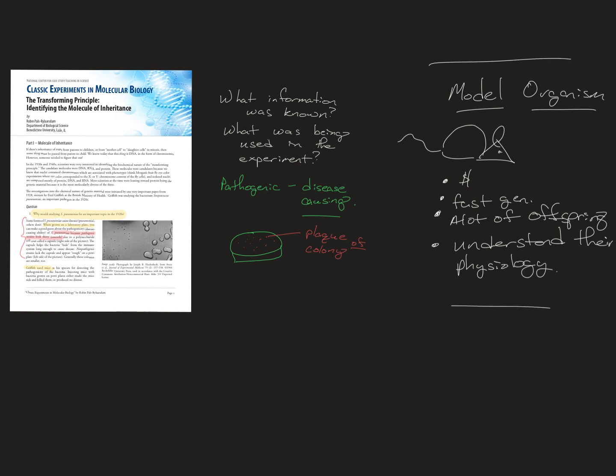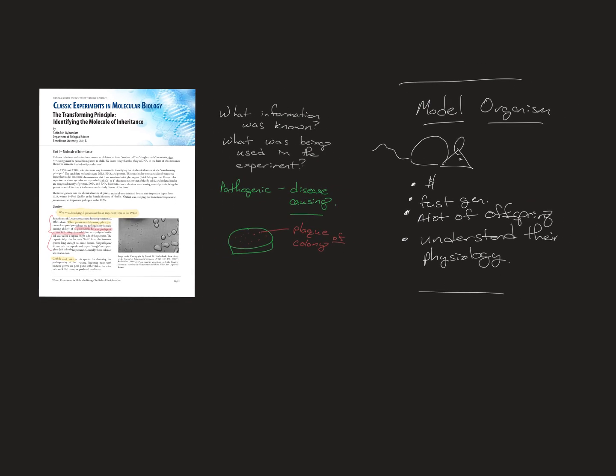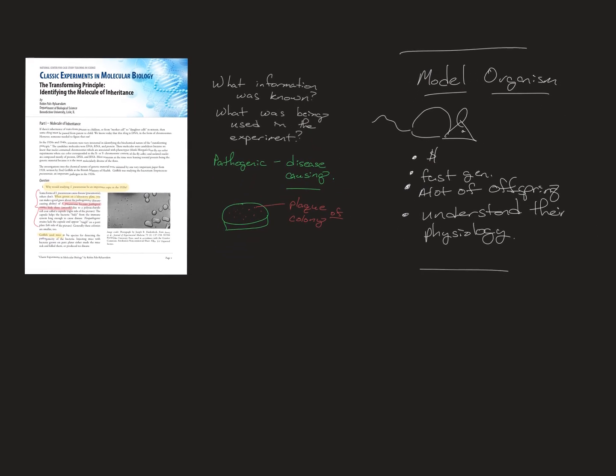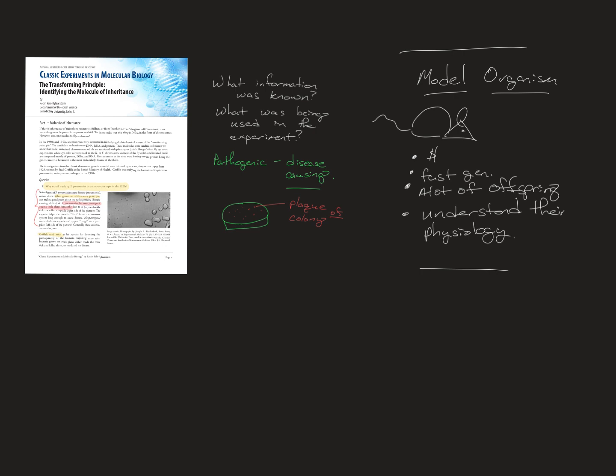So they made a good model. That's why they used mice to study these. So read the paragraph, understand why, and that'll help you understand why they do what they do. If you jump right into the experiment, you really won't understand what's going on.